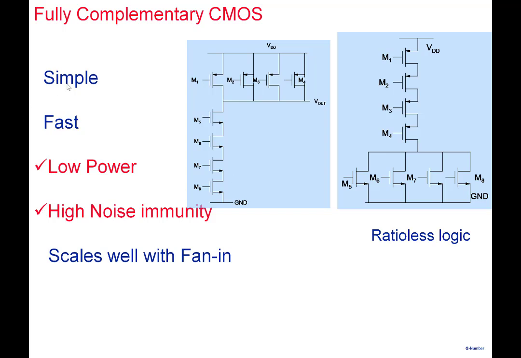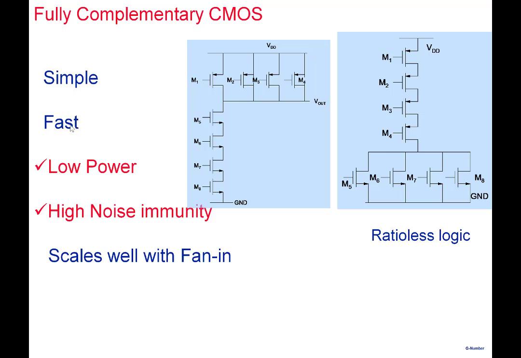And it's not necessarily simple. Note that if you have 4 transistors here, I have 4 here, 4 here and 4 here, and we have seen that the sizes of these become larger in order to match the drive strength. So either the size here is increasing or the size here is increasing. So it's not necessarily simple in terms of area. It does occupy a significant area.